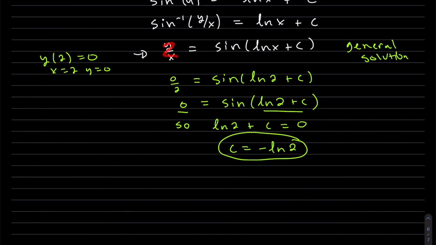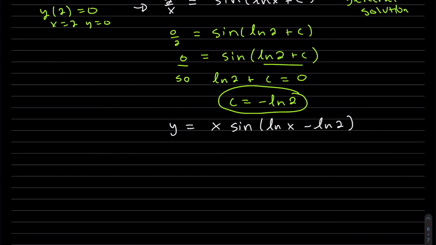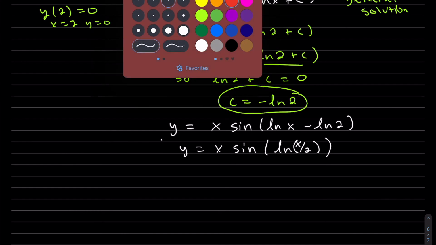And if we want, we can actually solve this for y. Can even use the property of natural log. This is natural log of x over 2. And this is our particular solution.